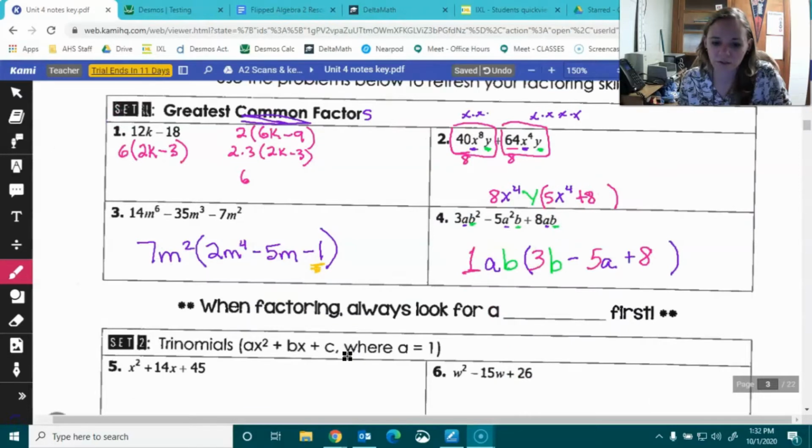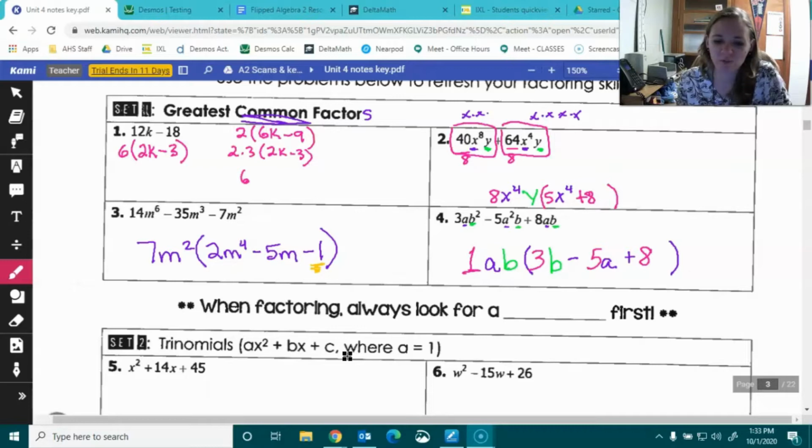Alright, let's see how you did. So, on number 3, you could take out a 7 from each of these, and an m squared, leaving you with 2m to the 4th minus 5m minus 1. I've seen a lot of mistakes in the past with this part right here. People want to put 0, but that is not going to work.